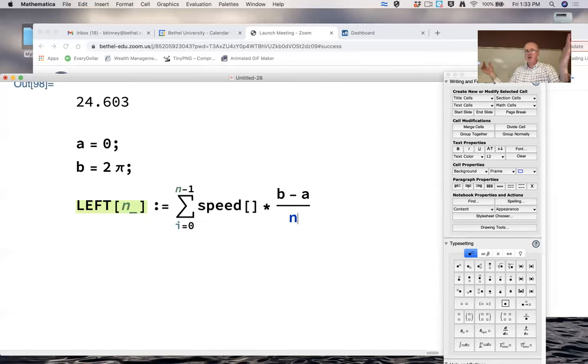And if n is really large, then that's really small. And you have really skinny rectangles in that case. What goes inside the speed function? Watch me here. It's what I call t_i. And for left-hand sums, it was the left endpoint of each interval.